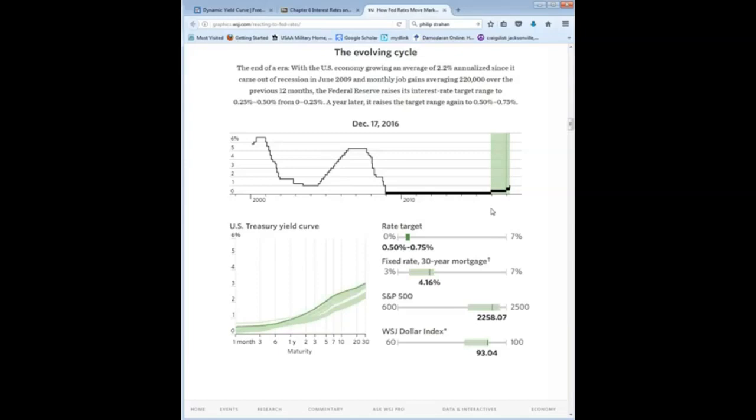And then a year later in December, the Federal Reserve raises rates again. Now we're seeing the 30-year mortgage up to about 4.2%. The Fed rate target is now 50 to 75 basis points. We can see the yield curve changing shape slightly. Our short-term rates are now reflecting that 50 to 75 basis points target, and we're seeing higher long-term rates as well.